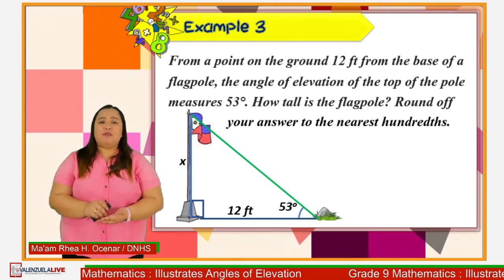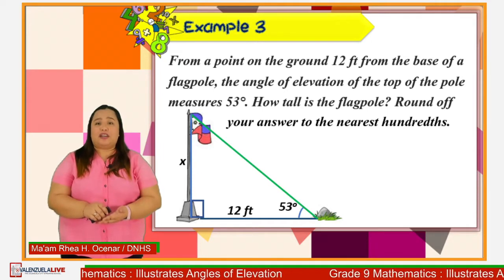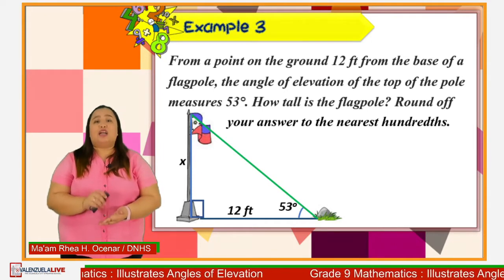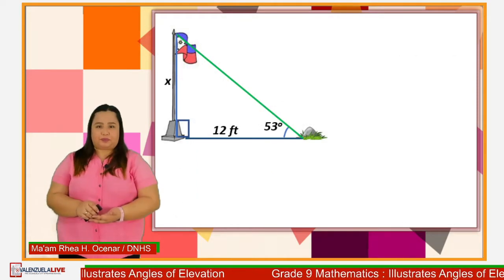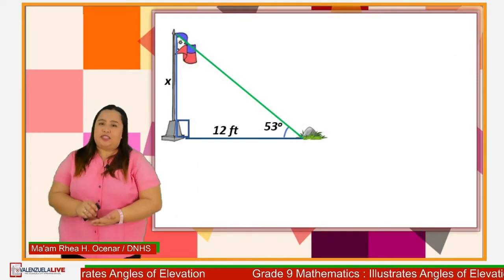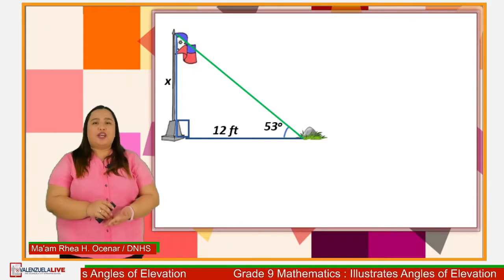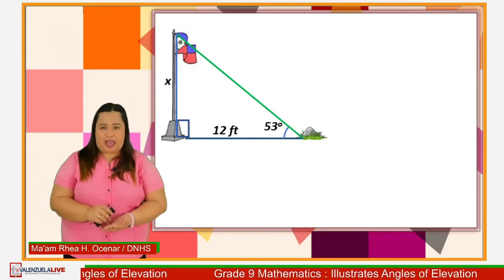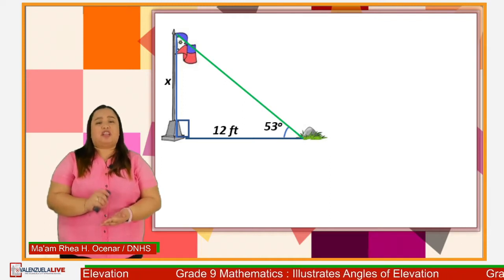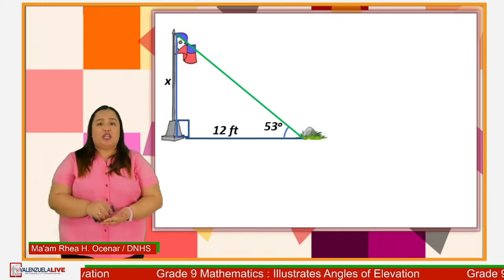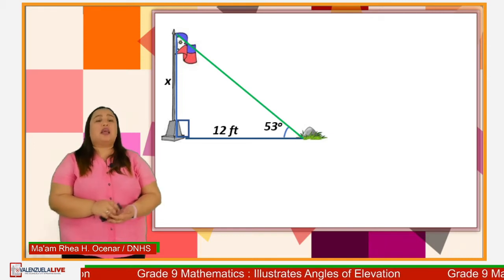Let us form an equation since the diagram and the known and unknown values are already given. In the diagram, the missing side represented by x is the opposite side of the 53 degree angle and 12 feet is the adjacent side.